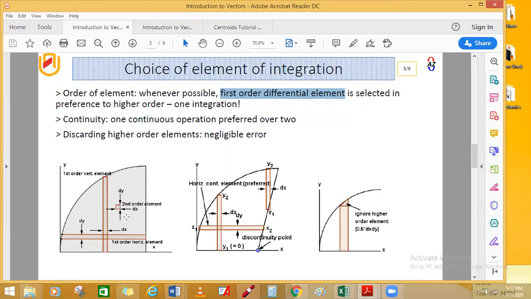And if it was three-dimensional, then you have dx times dy times dz. That's third order again, which makes it more difficult. So they always opt for first order equations. And again, what they're saying is continuity. One continuous operation is preferred over two.